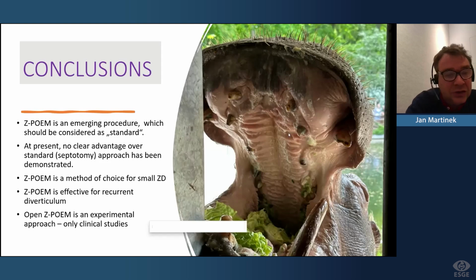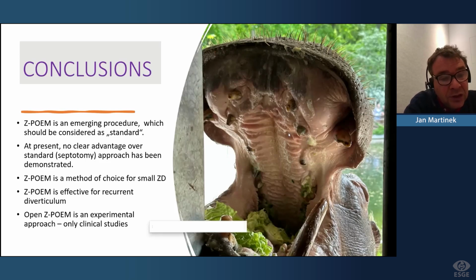So in conclusion, ZPOM is an emerging procedure which should be considered as standard, but I would like to underline that ZPOM should be performed by endoscopists who are experienced in third space endoscopy or have proper training in third space endoscopy. If not, traditional septotomy is a method of choice.